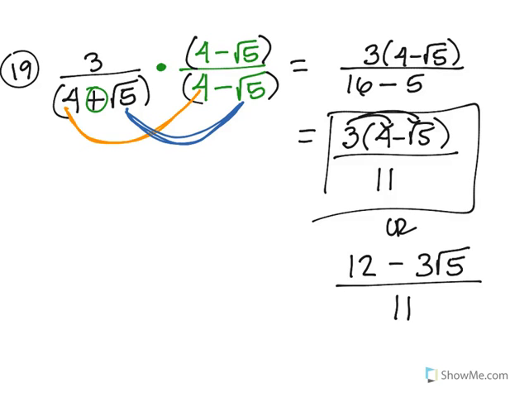All right, number 20. 12 divided by, my bad, the square root of 6 plus the square root of 3.